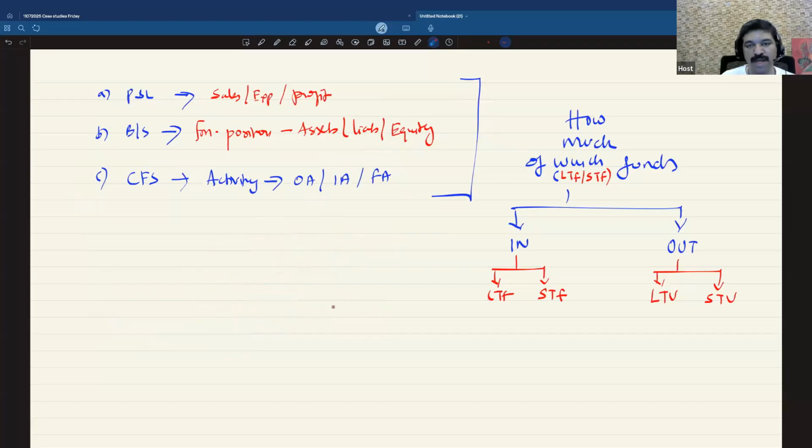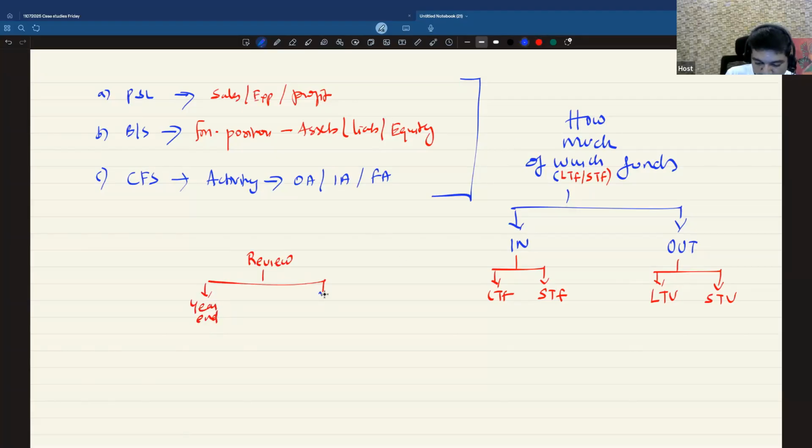But if you are an investor, or a stakeholder like a banker, then you should know what happened during the year, not just what happened as at 31st March. Are you all agreeing with me? If you are an investor, if you are a lender, you have to review the financial position, not just at year end.